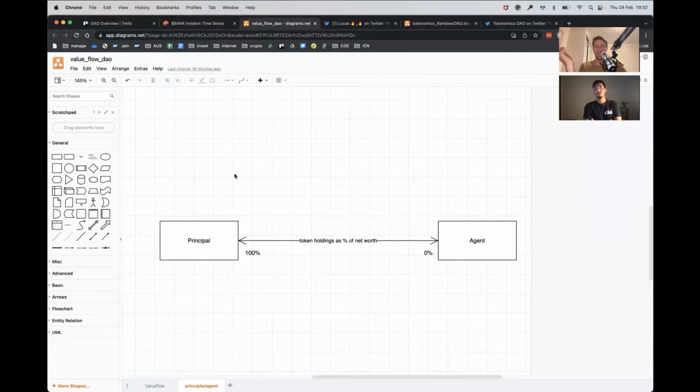Sometime mid last year, I joined the Bankless DAO, and back then you had to buy 35,000 BANK tokens, and then you were allowed to join their Discord with a normal role. Now they have guest roles and all that kind of stuff. I think back then that was the only way to get in.